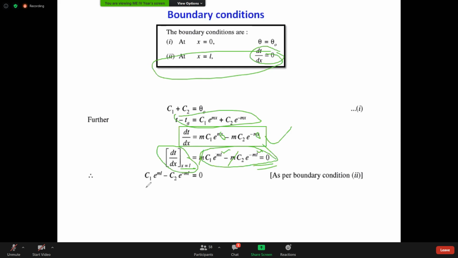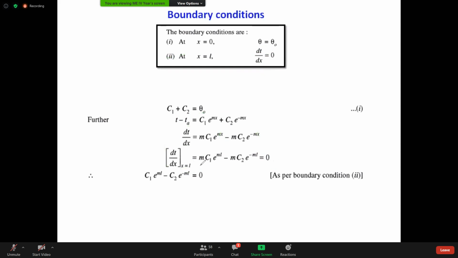So the final equation, after simplifying, what do I get? C1 e^(mL) minus C2 e^(-mL) is equal to 0. But still I have constants here. My original equation is theta is equal to C1 e^(mx) plus C2 e^(-mx).